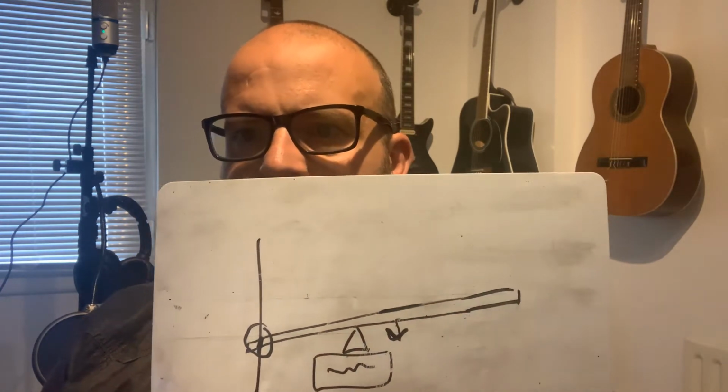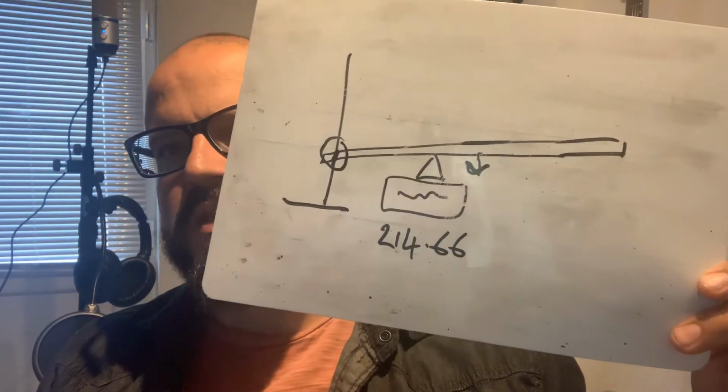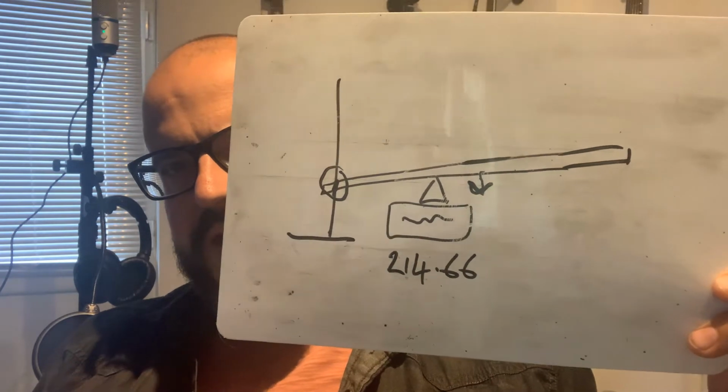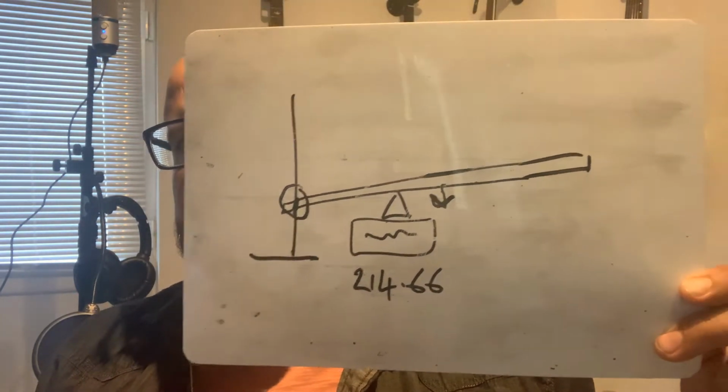So what we've got here is a certain force, and they gave us that number. That was, let's just write that on, 214.66 grams on the scale there. So we know that that is the force acting at that point.